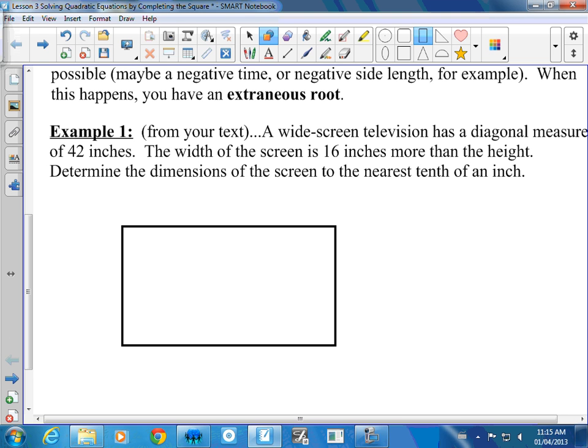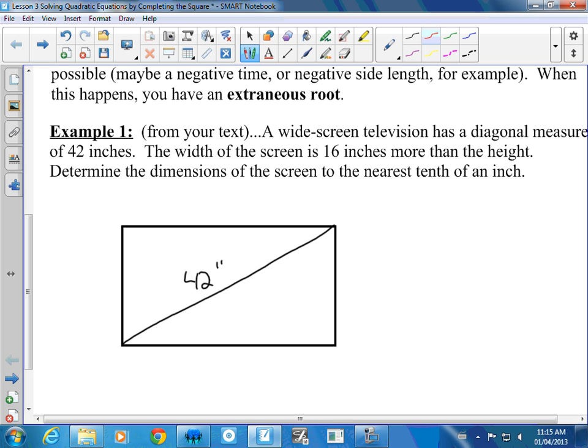Do we know the diagonal measurement? What is it? 42 inches. Okay. What letter should we use for height? H. Good choice. Now, the width of the screen is 16 inches more than the height.